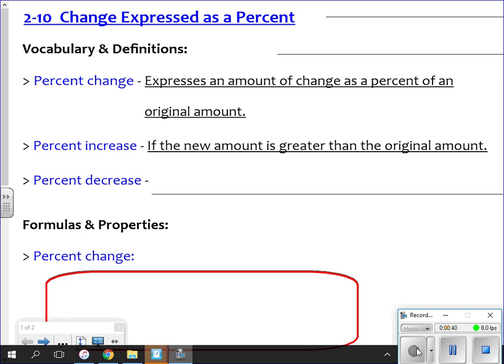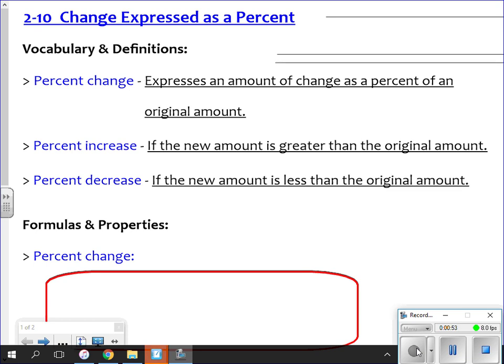Percent increase is when the new amount is larger than the original amount. You got a pay raise, it's percent increase. Percent decrease would be a pay cut. How much did it go down by? I think that makes sense. Increase, decrease.